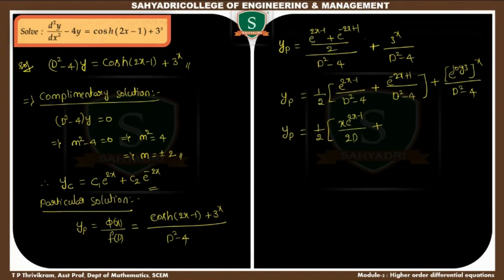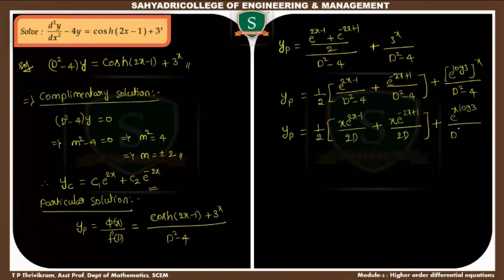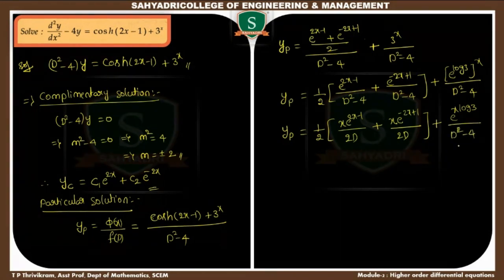So whenever you are getting 0, what I said? Multiply with x in the numerator and differentiate the denominator, so you'll get 2d. Plus here, log a power m is m log a, right? So I can write it as e power x log 3 divided by d power 2 minus 4.